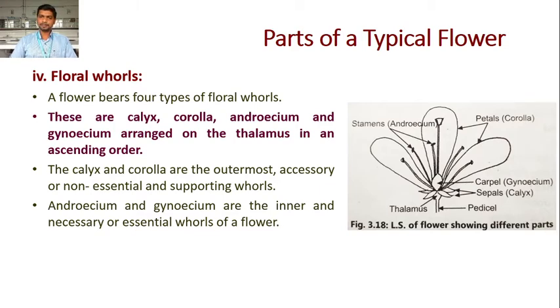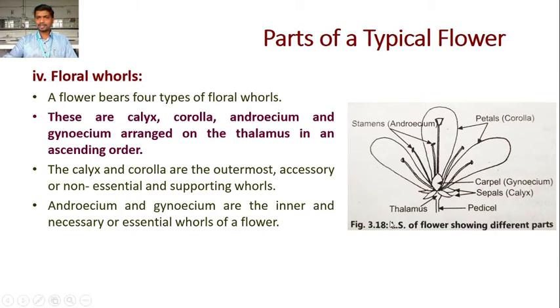They support and protect the inner whorls of the flower. The calyx and corolla are mainly attractive and colorful, so they attract the pollinating agent during pollination. So they have a supporting role, but are not directly involved in reproduction. These are referred to as accessory or non-essential and supporting whorls.